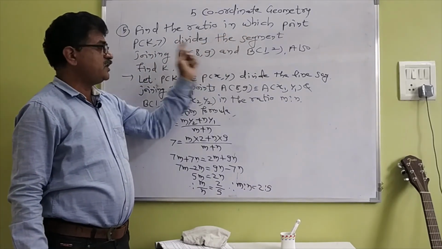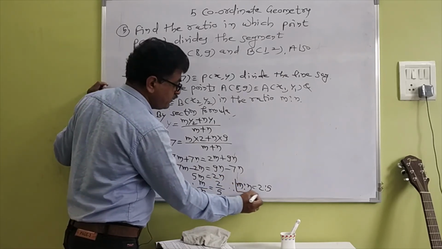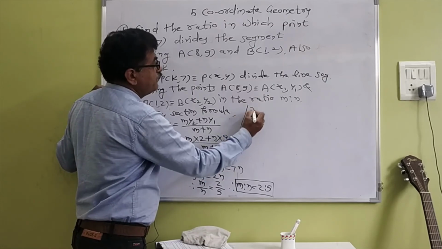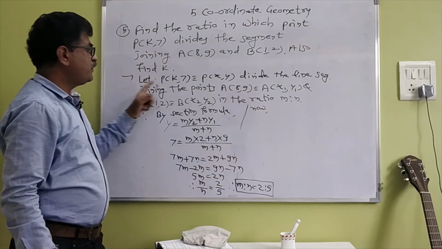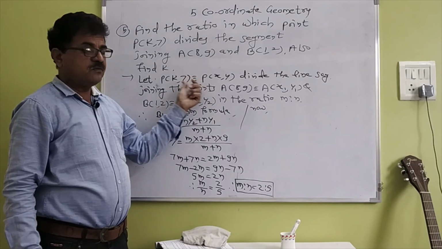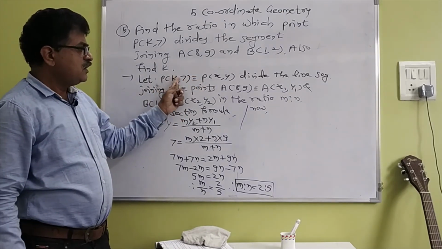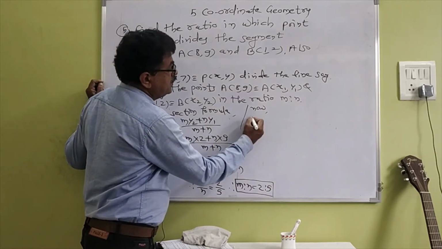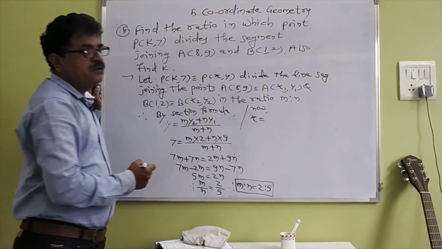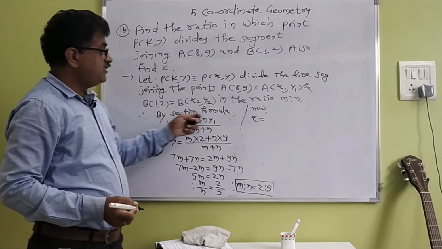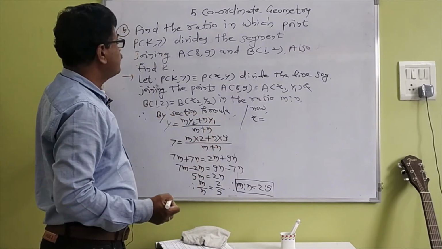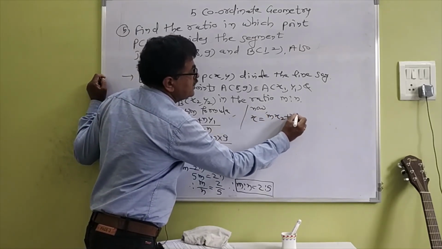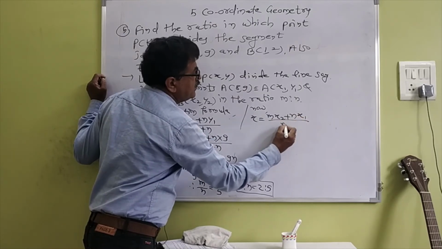First we had to find the ratio. This is the first part. And now we have to find the value of k. Therefore, write this down for the value of k. Therefore x is equal to, again use the section formula. x is equal to m x2 plus n x1 divided by m plus n.